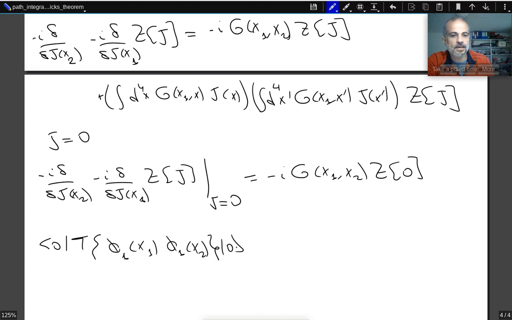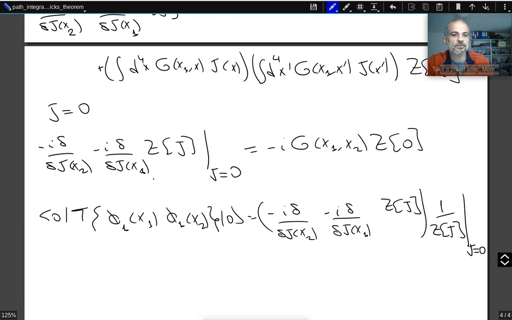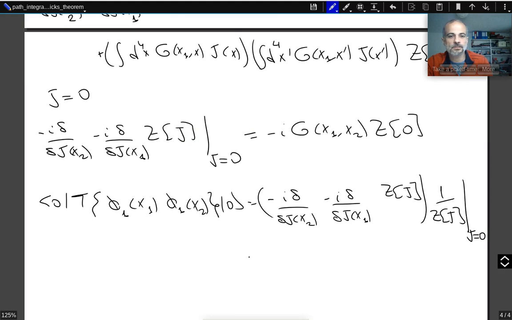This was given by the second derivative of Z of J, all of this divided by Z of J, and then we set J equal to 0. But from this expression over here, this is nothing but minus i G of x1 x2.